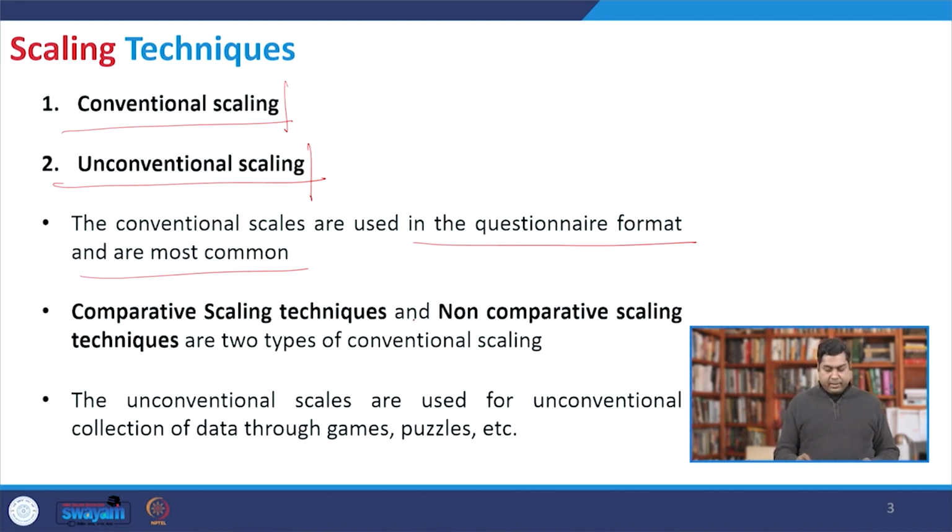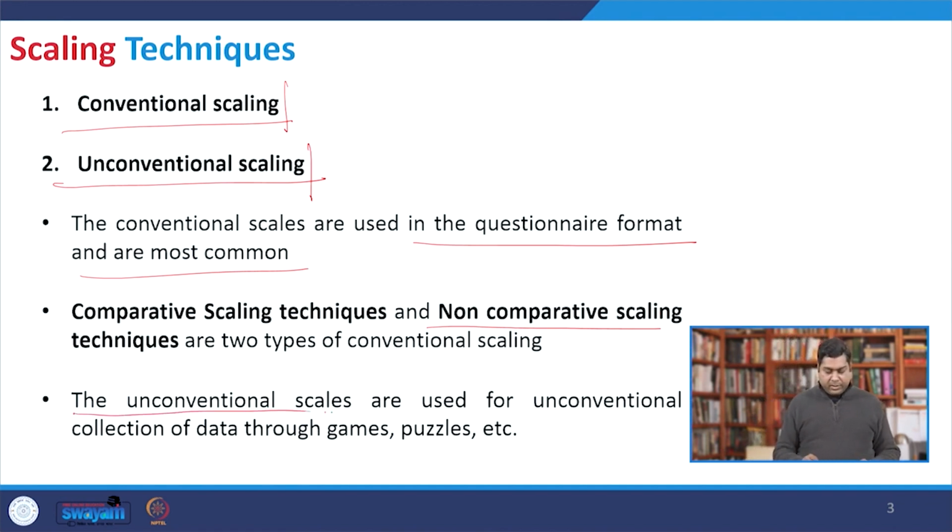Comparative scaling techniques are normally used to compare among variables, and the other part of conventional scaling is non-comparative scaling. In this case we are not comparing anything between two variables; it is a direct measurement.